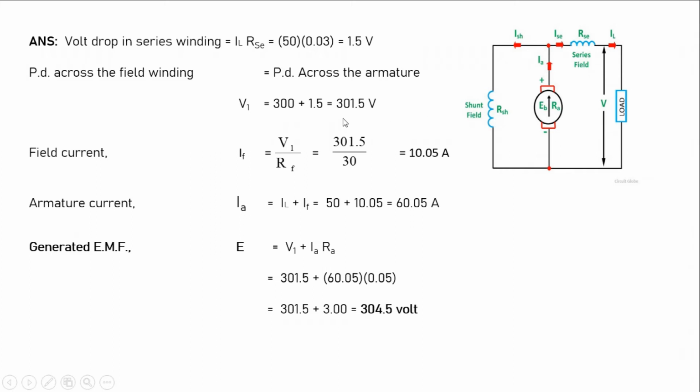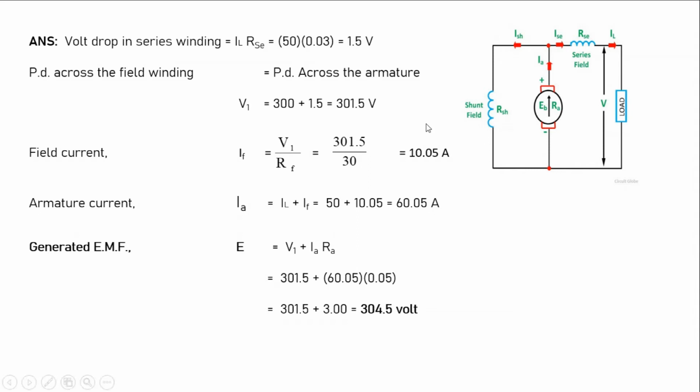There is a voltage drop here and a voltage drop across the load. So the total is 300 plus 1.5, that is 301.5 volts, the total voltage across the armature.